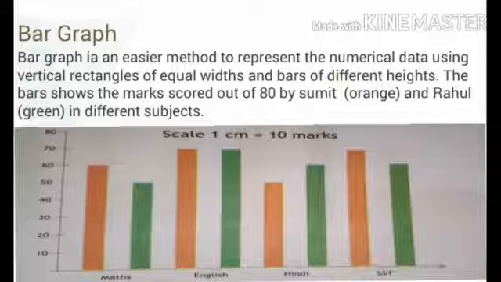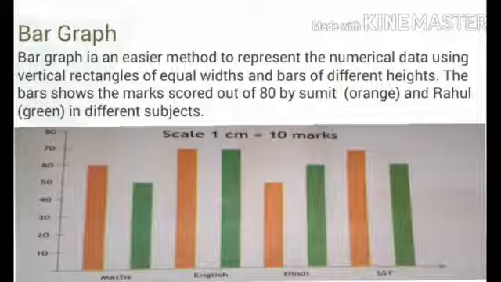The bar shows the marks scored out of 80 by Sumit, that is orange color, and Rahul, green in color, in different subjects. As you can see here, I have given a bar diagram here. This orange color is the mark scored by Sumit out of how much? 80. And green color is the mark scored by Rahul out of 80.